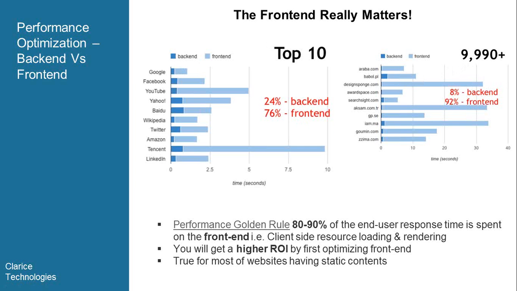So as per these studies, if a page takes, for example, 5 seconds to load in the case of YouTube, then only 1 second is spent on the back end and 4 seconds are spent on the actual UI rendering. So 75% of time is spent on the front end.